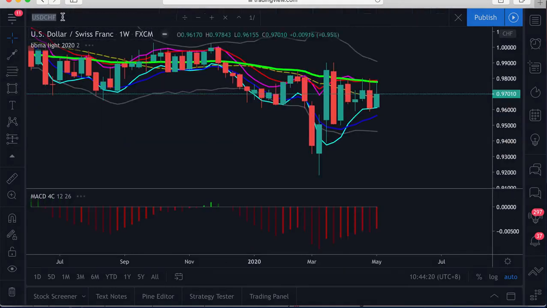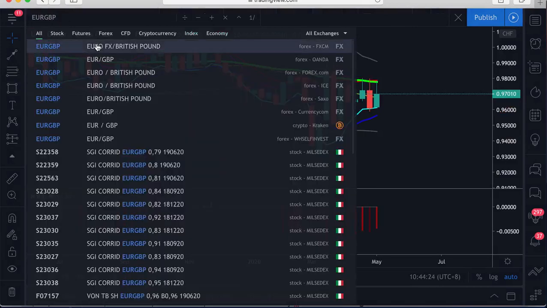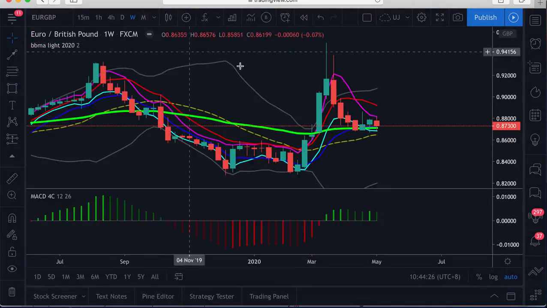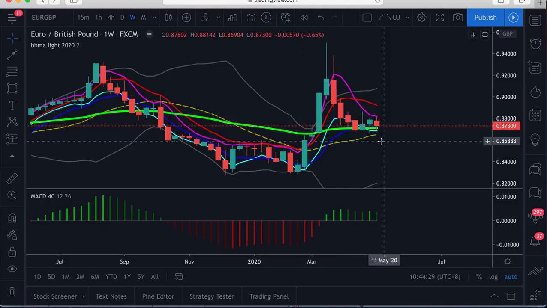Okay, next pair for this week will be Euro GBP. Euro GBP on weekly time frame, we can see that the price is at the re-entry buy zone, which is at the MA 510 low over here, and we want to see at the lower time frame price is making a CSM buy.